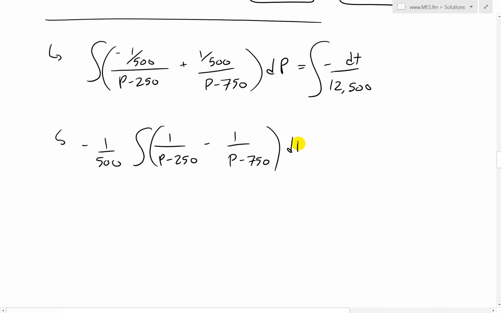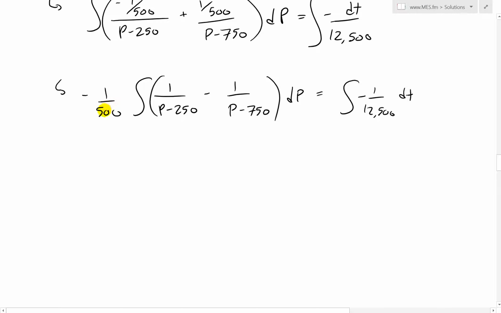and then dp, and then this equals, well, this is just the same thing, negative 1 over 500 dt, and now we'll multiply by the negative 500 onto both sides, and just basically move this onto this side.